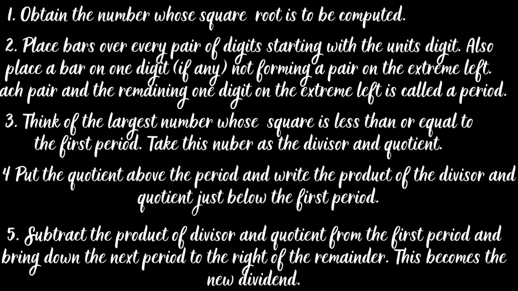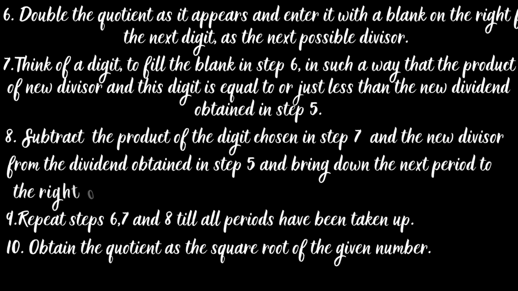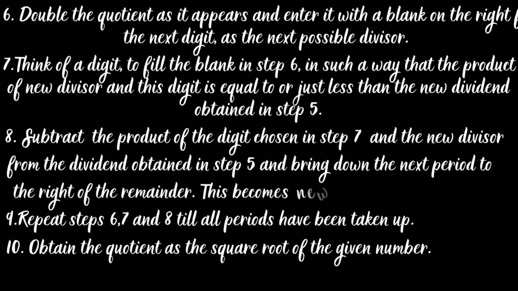Step number 6 is to double the quotient as it appears and enter it with a blank on the right for the next digit as the next possible divisor. Step number 7 is to think of a digit to fill the blank in step 6 in such a way that the product of the new divisor and this digit is equal to or just less than the new dividend obtained in step 5.